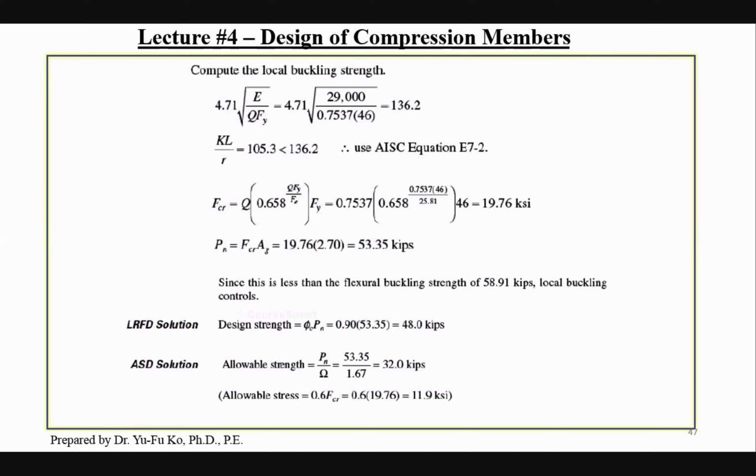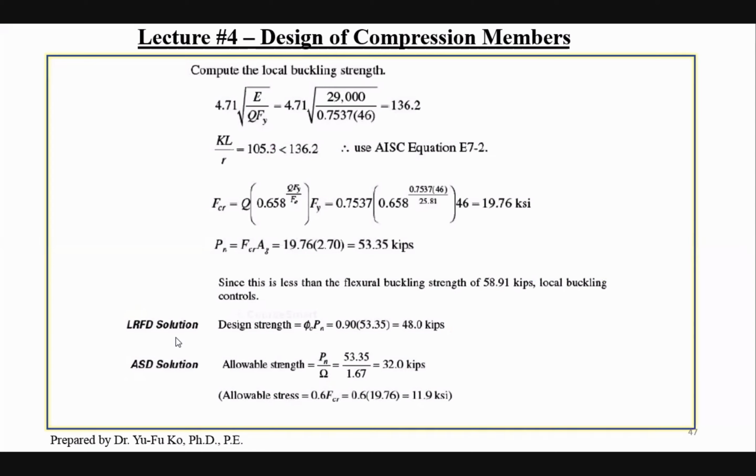53.35 kips. As you can tell, without the local buckling effect, your calculation in the beginning is 58.91. So in this case, local buckling will control for this column. The nominal strength due to local buckling is 53.35 instead of 58.91.